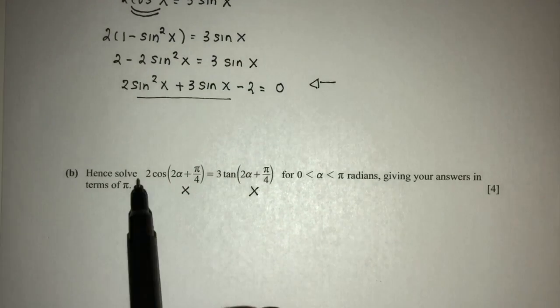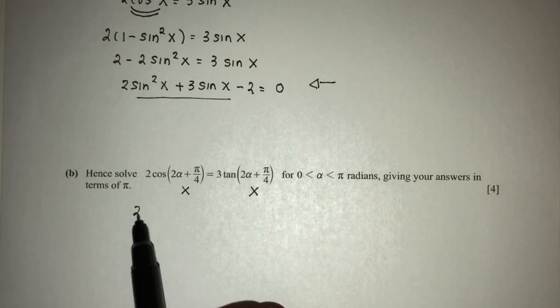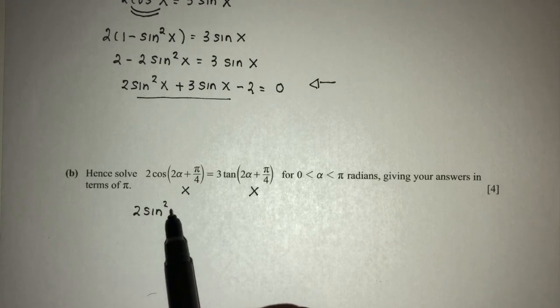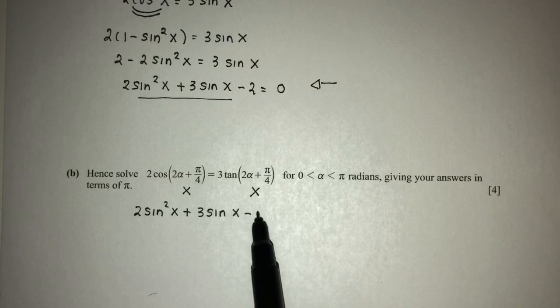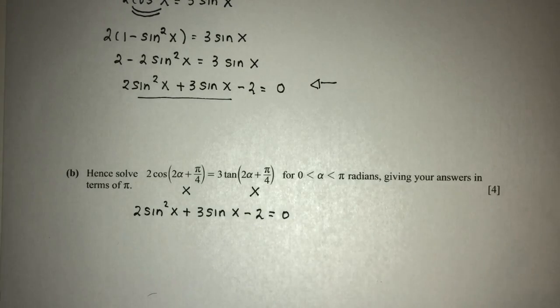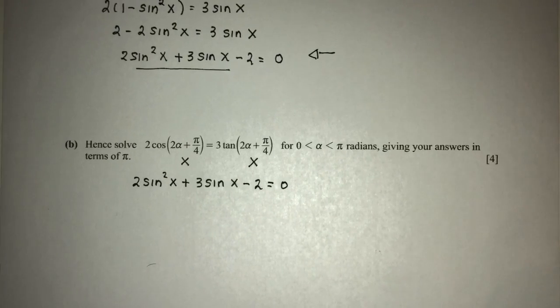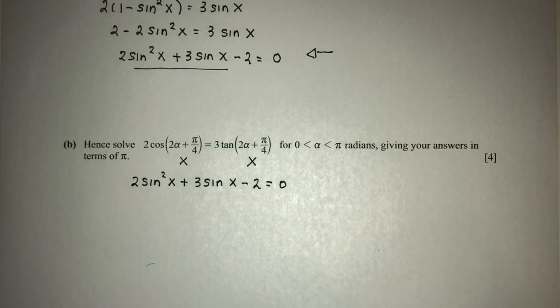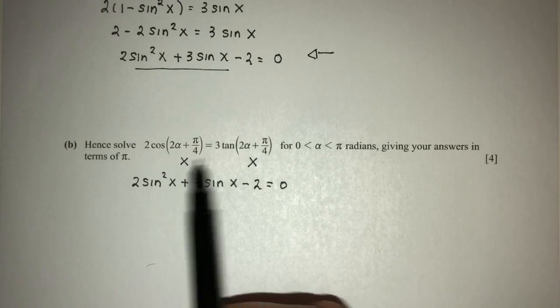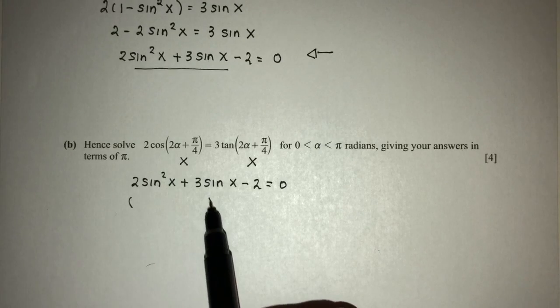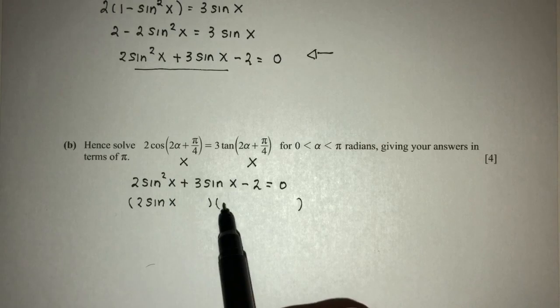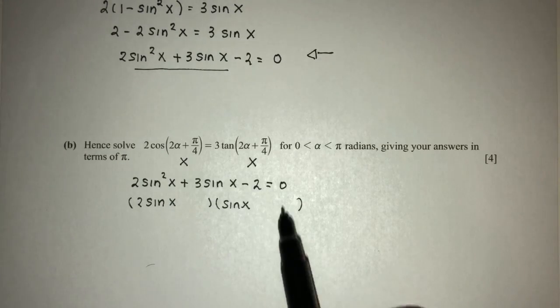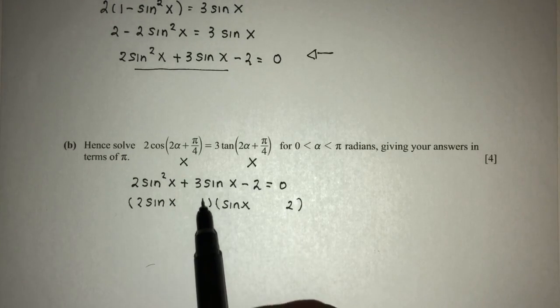So we know that this was transformed to 2 sine square x plus 3 sine x minus 2 is 0. So for example, right now we are assuming that we have to solve this equation. We have just replaced the angle back to x. So factorize. That will be 2 sine x times sine x. 2 is 2 times 1, so 2 times 1.